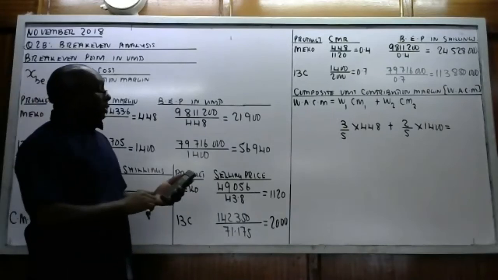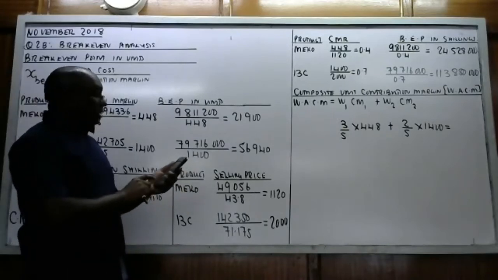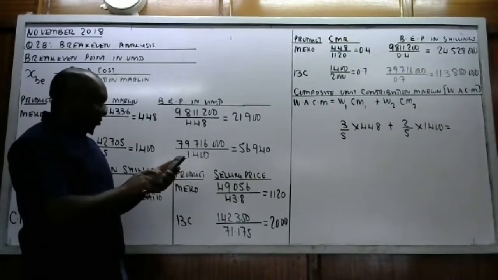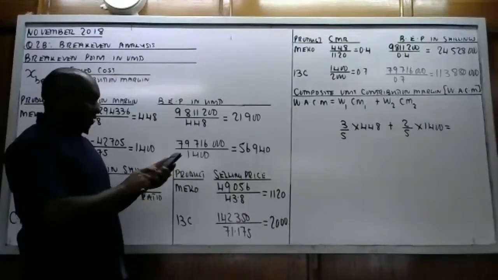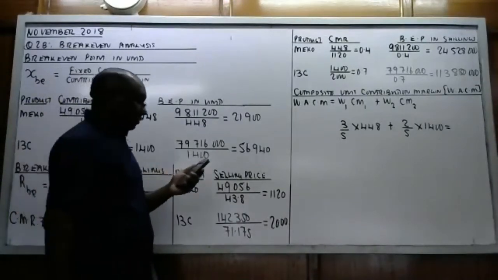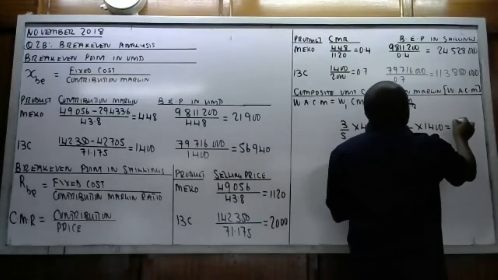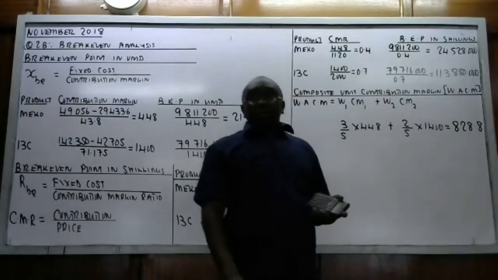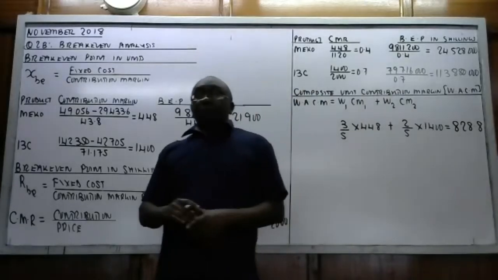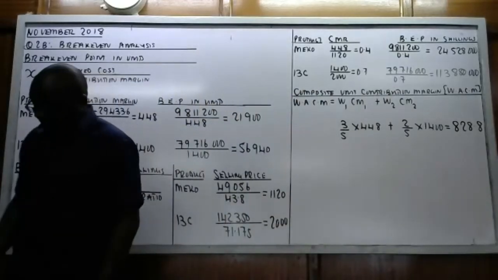So if you take 3 times 448 divided by 5 plus 2 times 1400 divided by 5, you get 828.8. That is the composite.